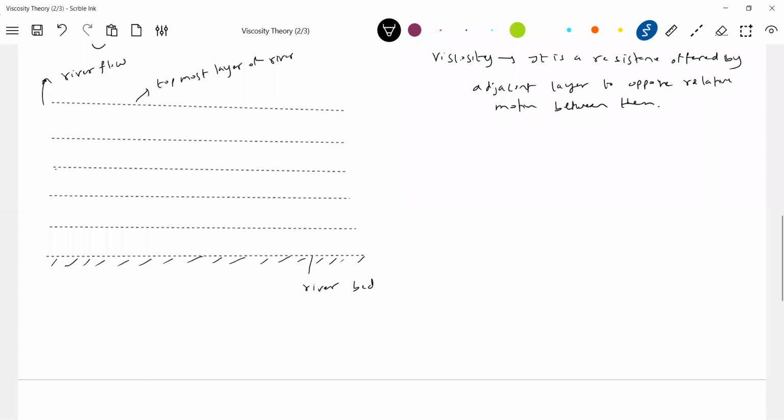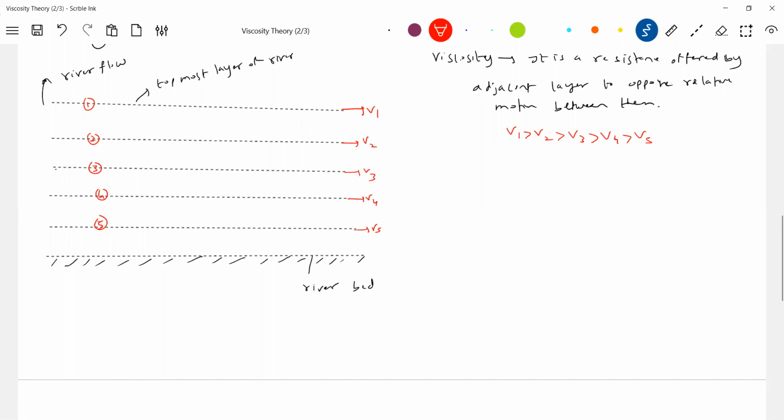Now, what will viscosity do? It will oppose relative motion between the layers, and due to that there will be a viscous drag. Let me give numbers. There are layer 1, layer 2, layer 3, layer 4, layer 5, with velocities v1, v2, v3, v4, v5, where v1 is greater than v2.